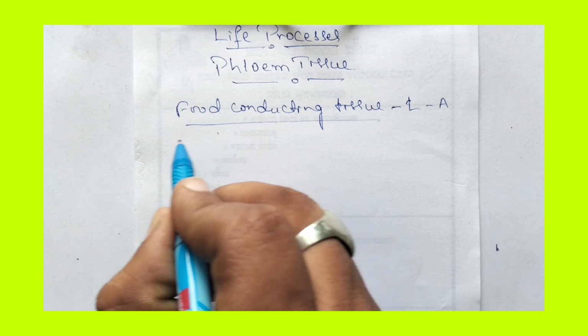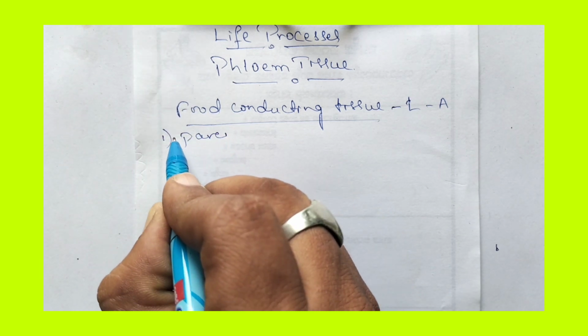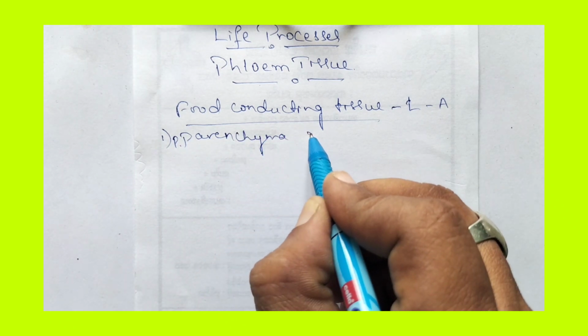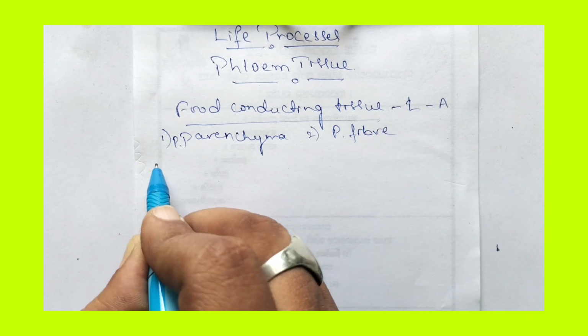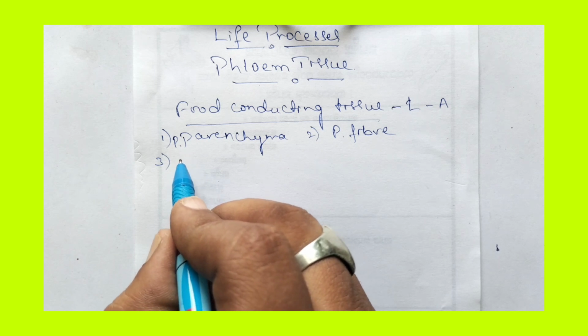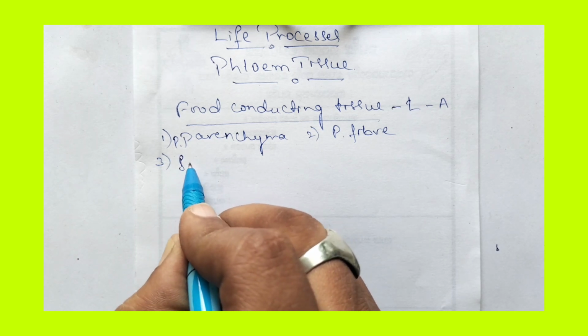Phloem tissue consists of 4 types of cells. One is phloem parenchyma. Second is phloem fiber. Third is sieve tubes.